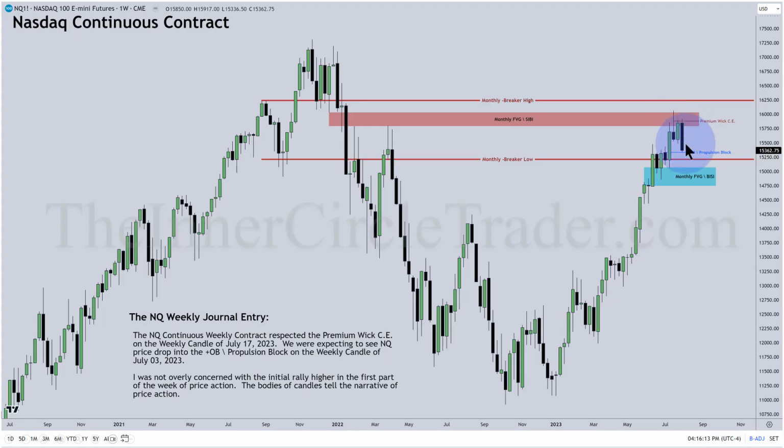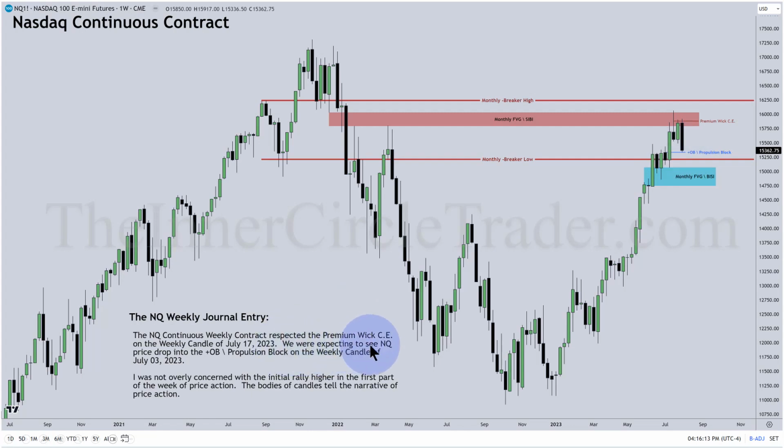And then price delivered below the previous week's low over this fair value gap and trading into the propulsion block here, right there. Now it looks like on this chart, it looks like it's touching the opening price, but it doesn't yet.